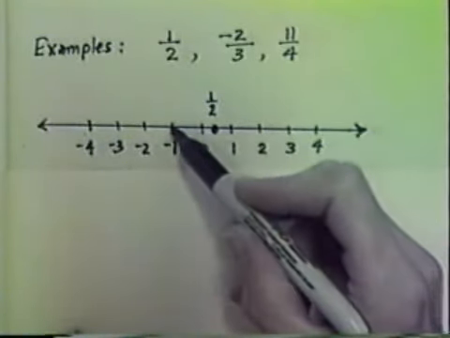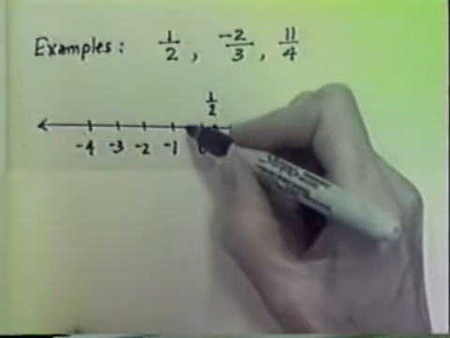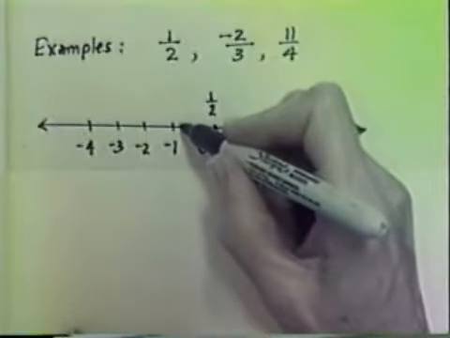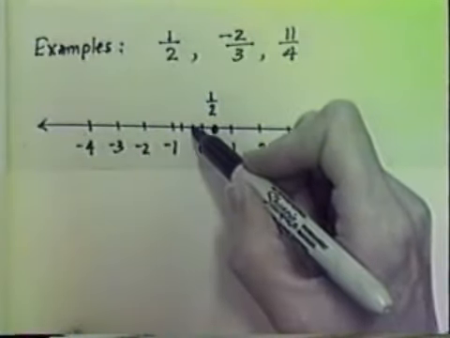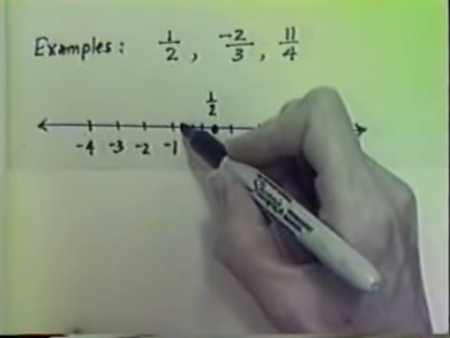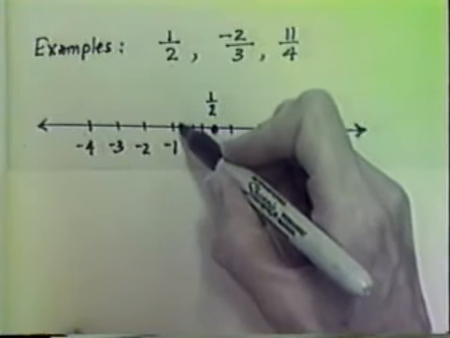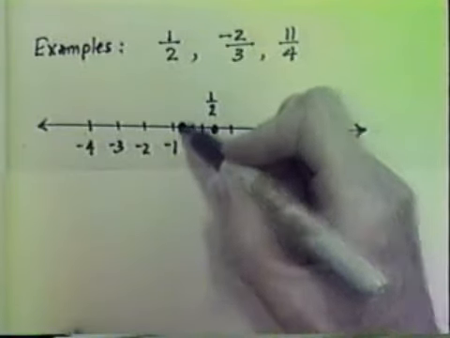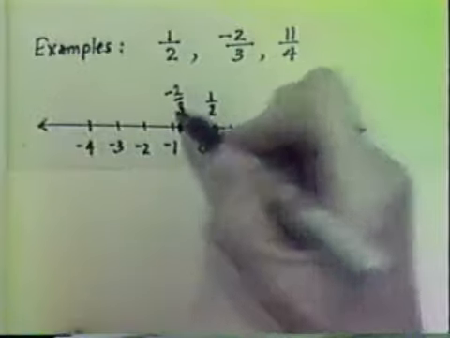So we'll divide up the unit between 0 and negative 1 into thirds. And we want to go negative 2/3. So from 0, here's negative 1/3, here's negative 2/3. There's a location for negative 2/3.